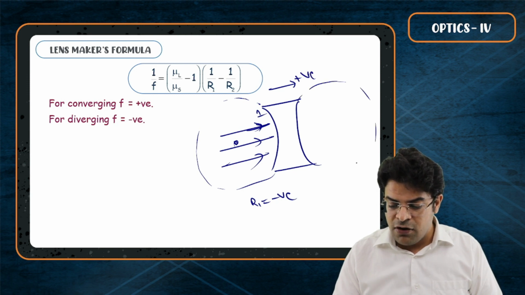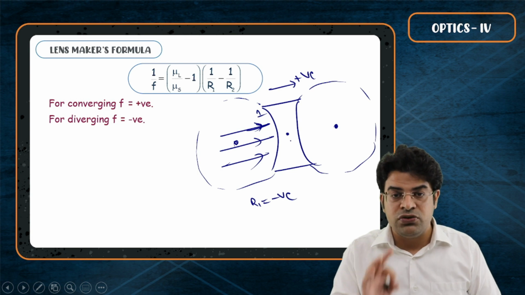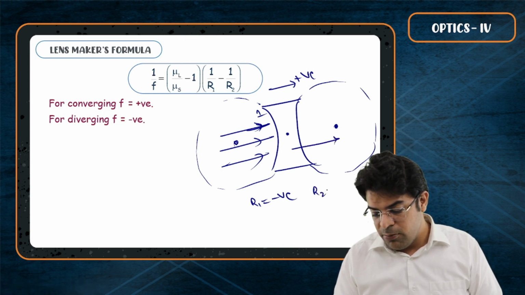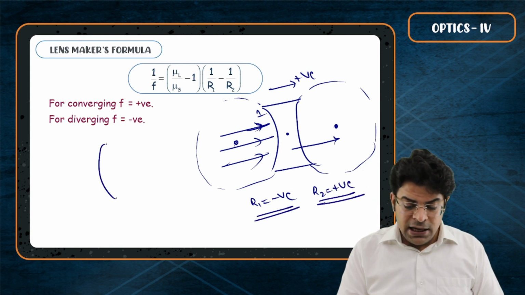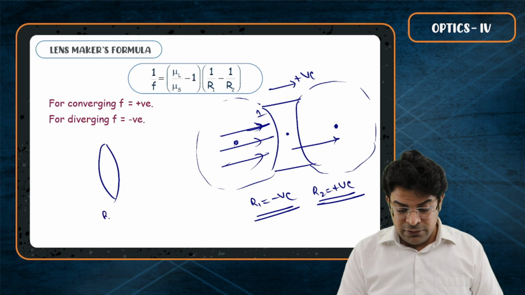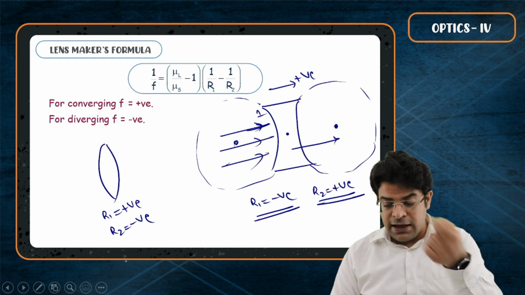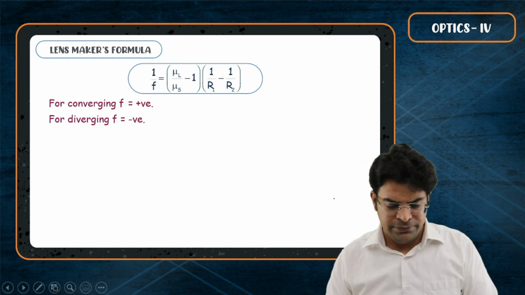The center of the second refracting surface will be somewhere here. Its position with respect to center is R2. So you will say that R2 has to be positive. So for a biconvex lens, R1 is positive, R2 is negative. For a biconcave lens, R1 is negative, R2 is positive. Keep this thing in mind.